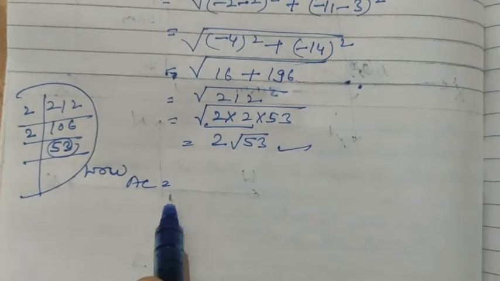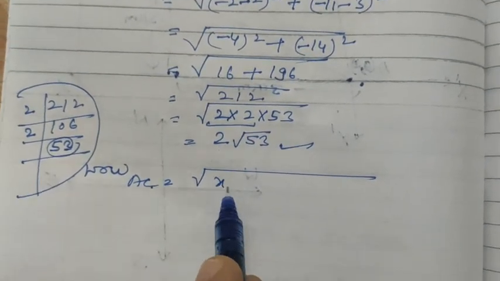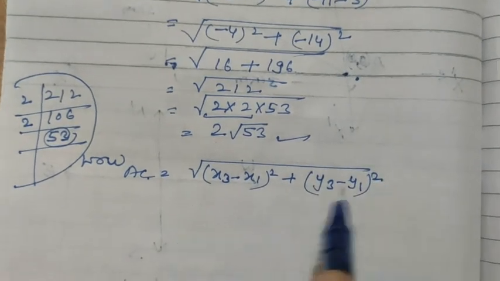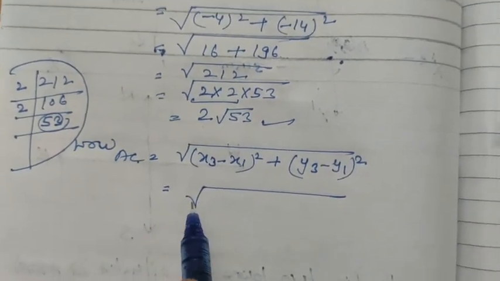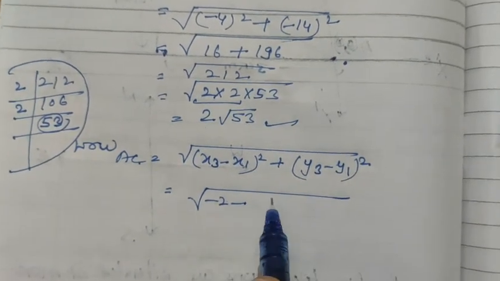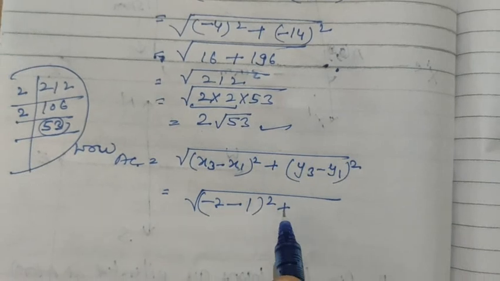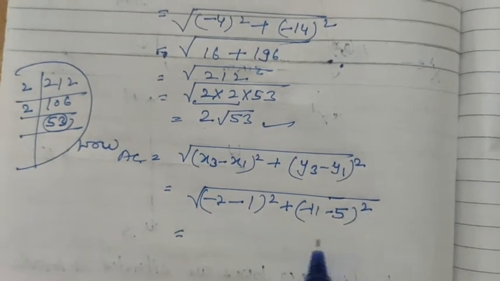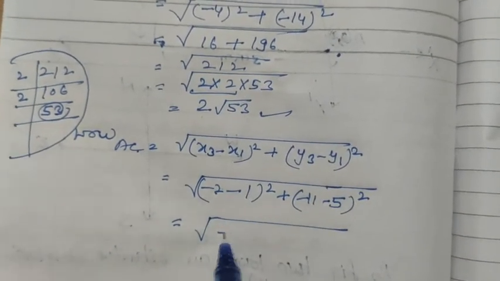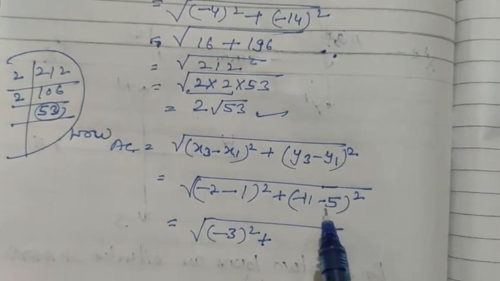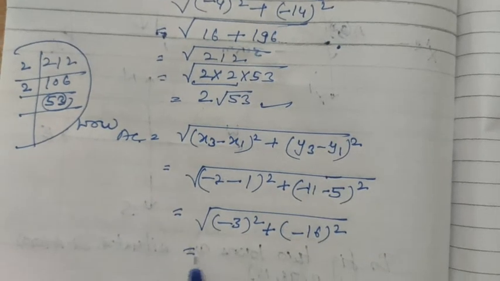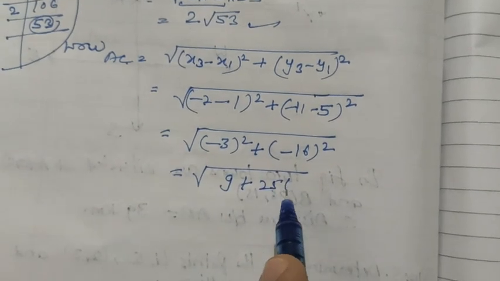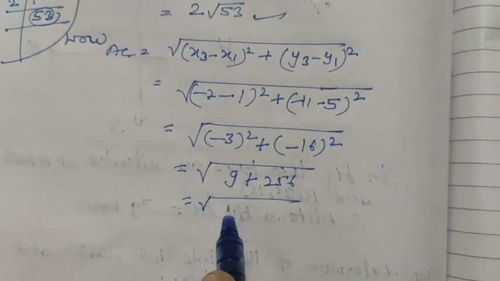Now we are to find AC. AC is final point minus initial point, that means the square root of (x3 - x1) squared plus (y3 - y1) squared. So x3 is -2 and x1 is 1, so (-2 - 1) squared plus y3 is -11 and y1 is 5, so -2 minus 1 becomes -3 whole squared plus -11 minus 5 becomes -16, so (-16) squared. Now (-3) squared becomes 9 and (-16) squared becomes 256, so this becomes 265.